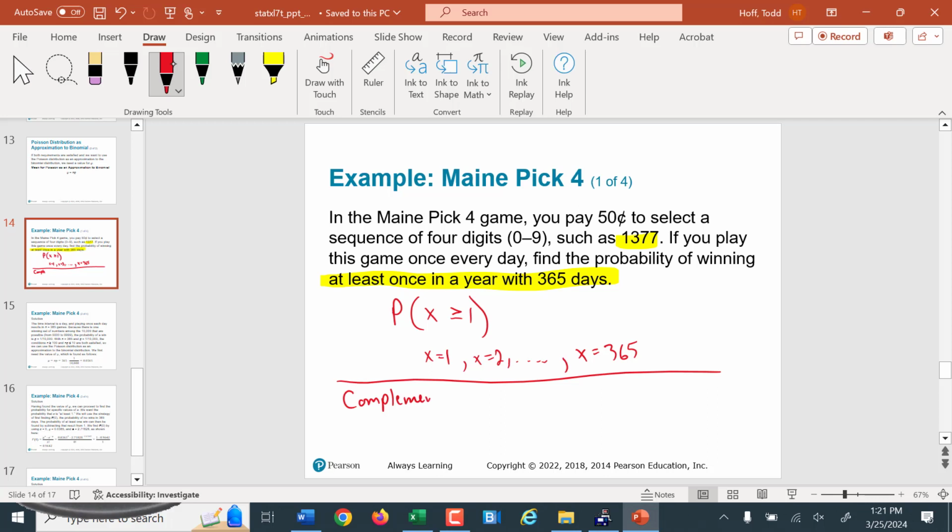The complement of winning at least once is winning 0 times, the probability that x equals 0. And remember, the relationship between the complements is the probability that x is greater than or equal to 1 is equal to 1 minus the probability of its complement. So we just find the probability of x equals 0. We'll subtract it from 1 to get the probability of winning at least once.